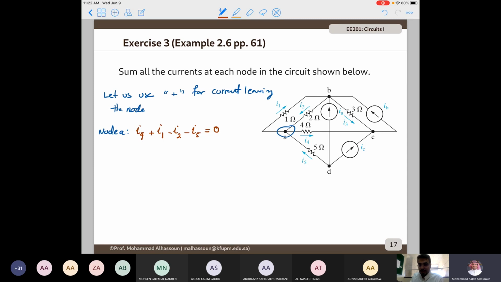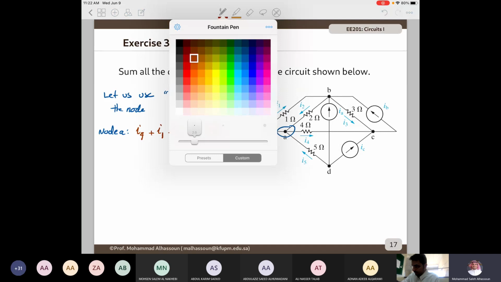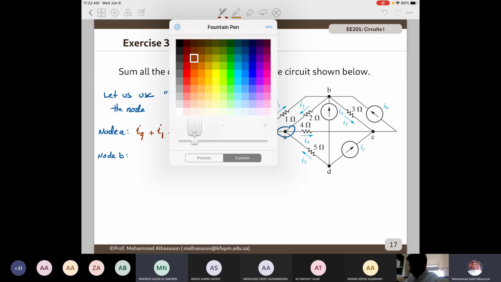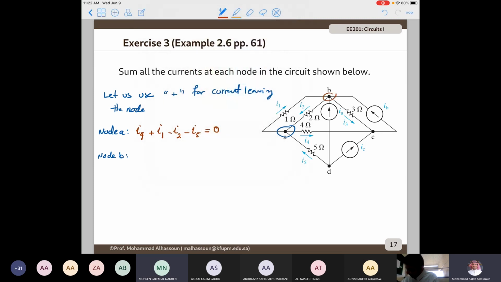So let's see, Mahsen, for node B. Node B will be minus I1, plus I2, minus IA, plus I3, minus IB, equals to what?